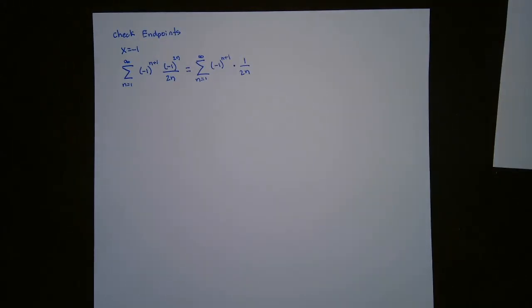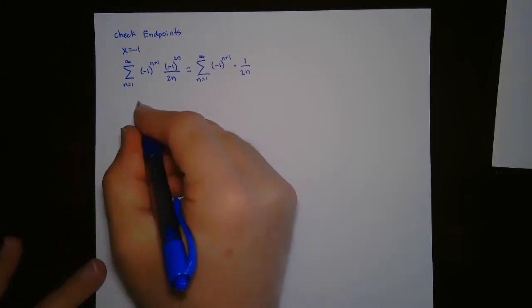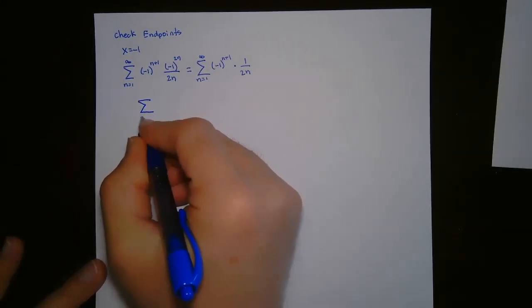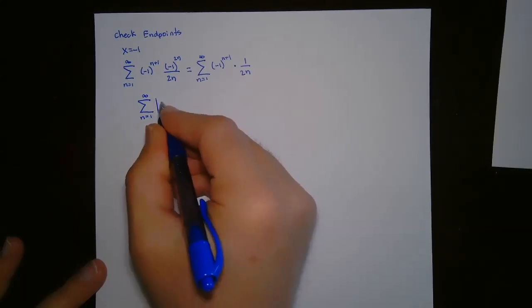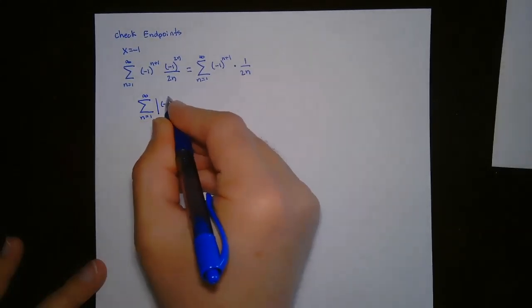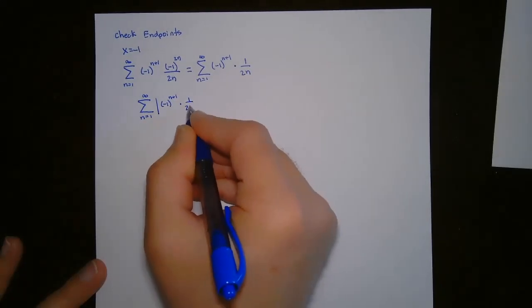Okay? And what we're going to do next is check the absolute convergence of this, okay? So at x equals -1, we're going to do the sum from n equals 1 to infinity of the absolute value of -1 to the n plus 1 times 1 over 2n.